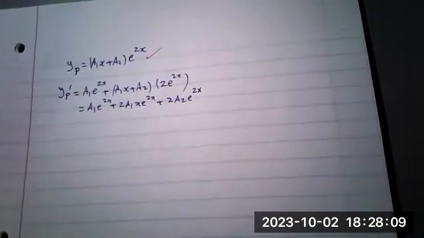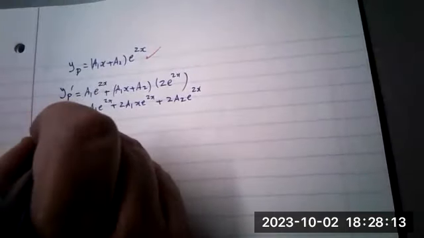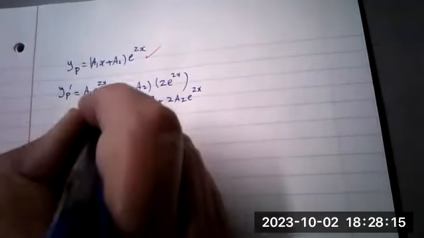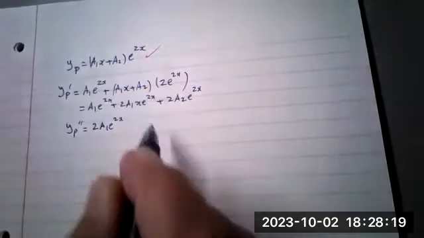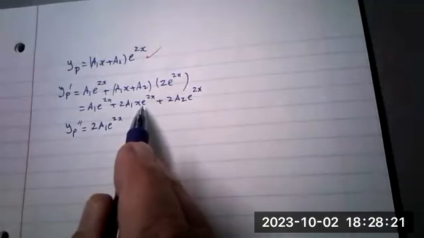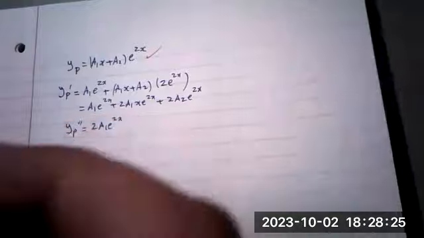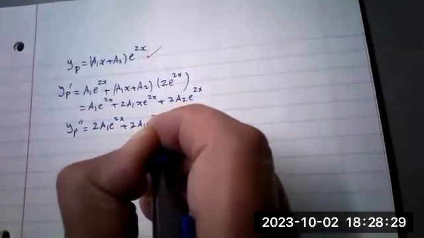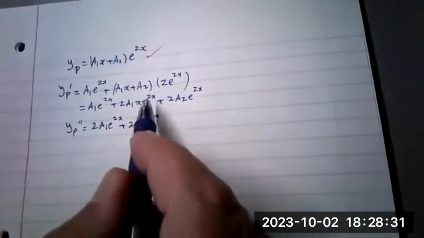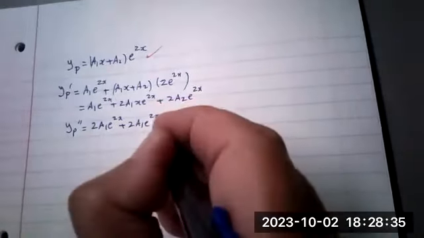Then you have to find the second derivative. So go ahead, find the y double prime. This would give you 2a1 e to the 2x. You have to apply the product rule here. Derivative of the x is 1, derivative of the first times second, plus second times first. So that gives you 2a1 e to the 2x. Derivative of the second times first, the exponential function e to the 2x, we get 2 times 2, 4.